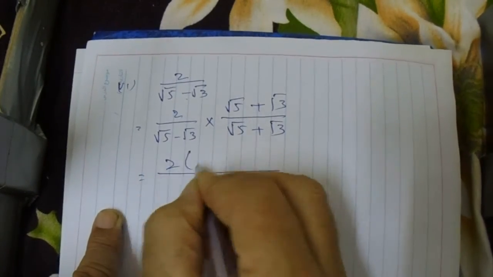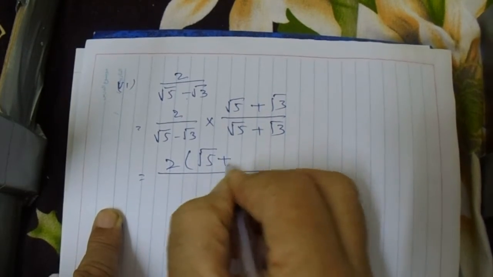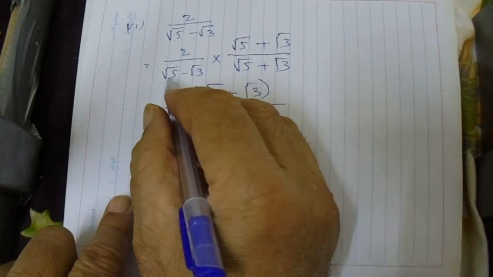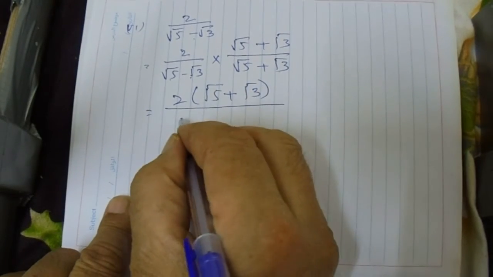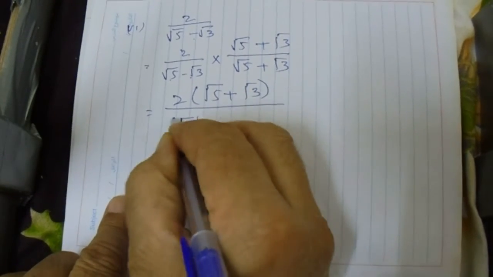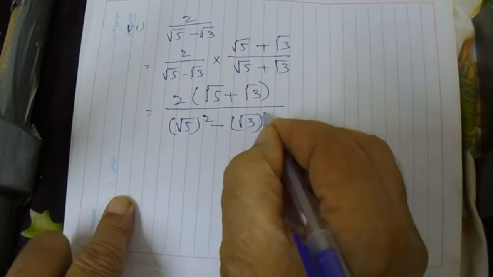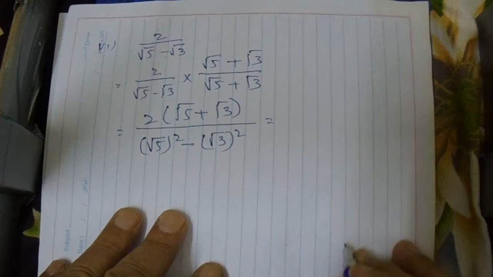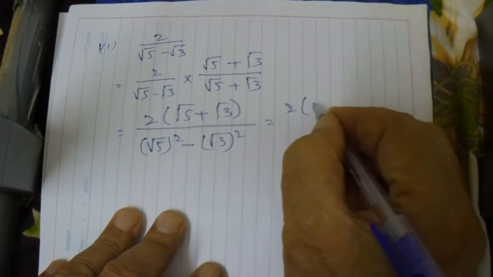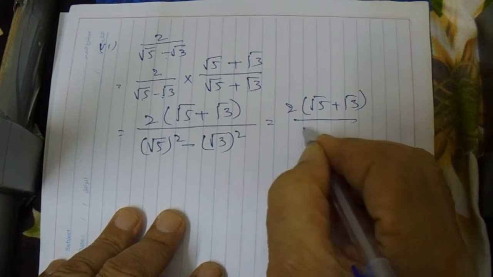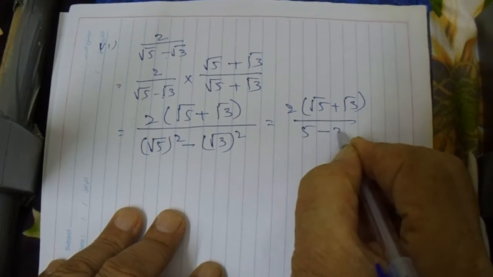We use here a minus b, a plus b, or we write here under root 5 square minus under root 3 whole square.